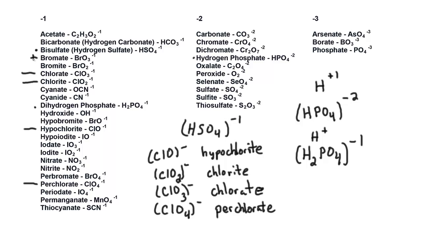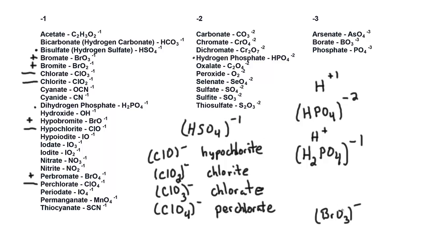Well, let's see. We have bromate and bromite. We have hypobromite and we have perbromate. So let's see. If we memorize the bromate, the BrO3, let's just memorize one of them. BrO3. Bromate. Notice that that's what this says up here.